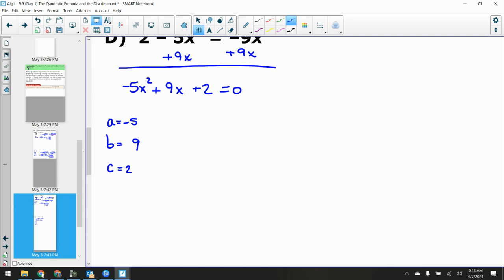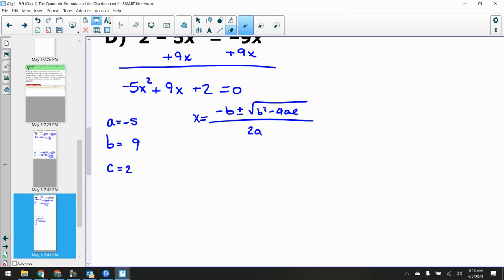All right, let's write it out from scratch. X equals the opposite of b plus or minus the square root of b squared minus 4ac all over 2a. Okay, now let's plug it in.